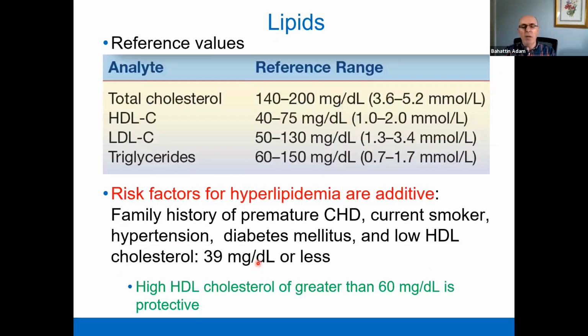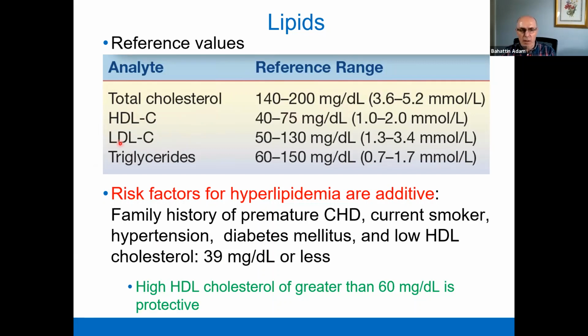Okay, the reference values of the lipids: total cholesterol should be below 100 milligram per deciliter. HDL cholesterol, which is good cholesterol, because it removes cholesterol from the wall of the vessels.